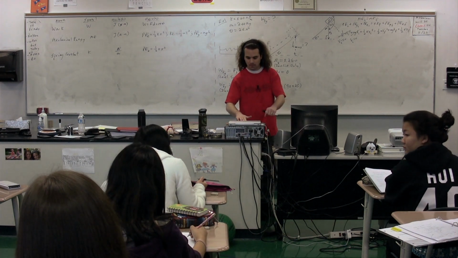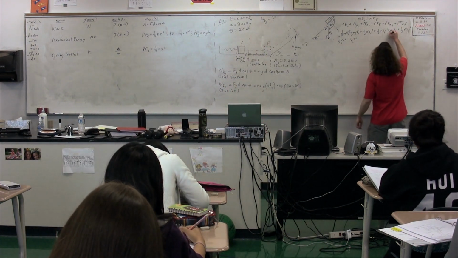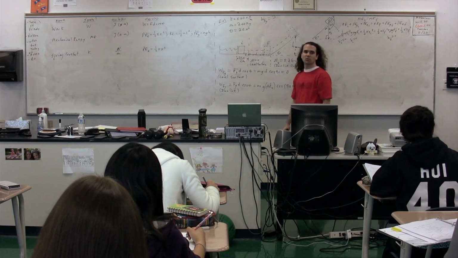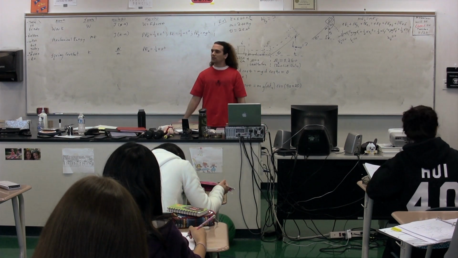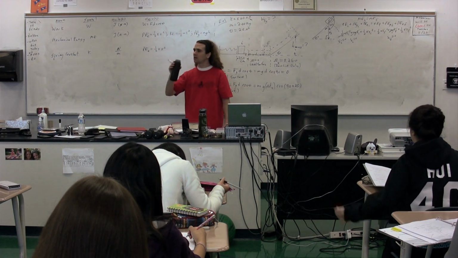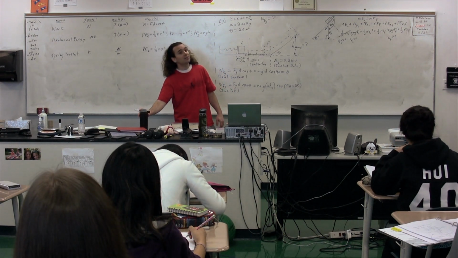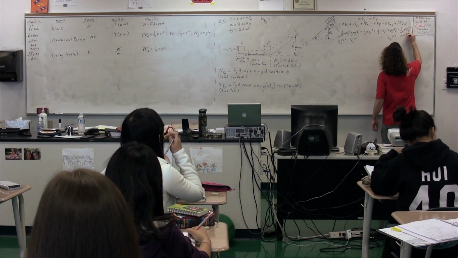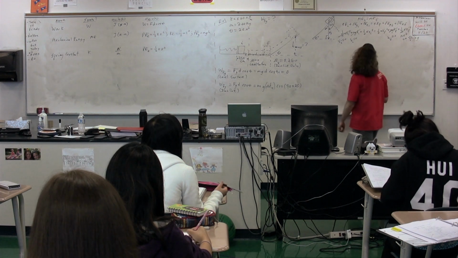Nick. Height final is zero. Height final is zero as well, therefore we can get rid of the gravitational potential energy final. There is one more. There's no spring at the end. At the end, the mass is no longer attached to the spring, so we can cancel off the elastic potential energy final.